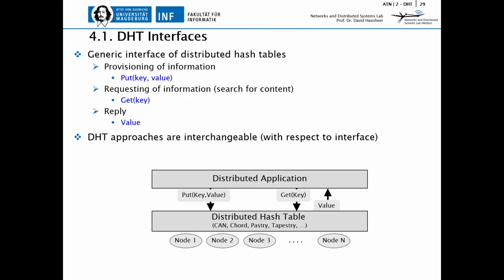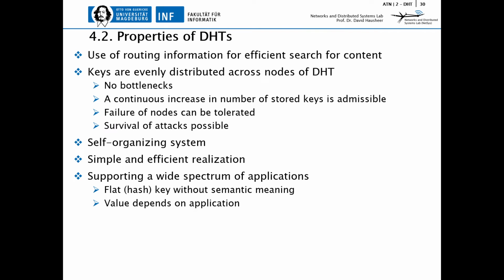So you can basically take any DHT implementation, be it CAN, Chord, Pastry, Tapestry, or any other DHT, as long as this generic interface stays the same, we can just replace them without changing the application that makes use of it. One example of a DHT that we'll discuss today is the Chord DHT.